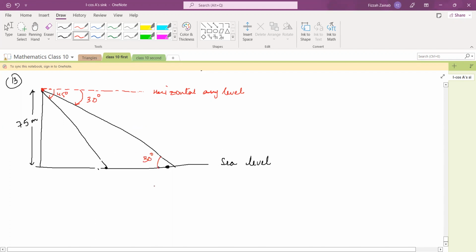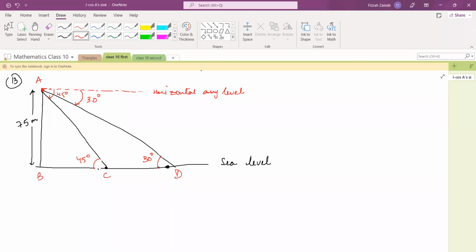Similarly, if this angle is 45 degree, then this angle is also 45 degree, alternate interior angles. You can give it some name, let's say A, B, C, D. I hope you have understood the figure now.